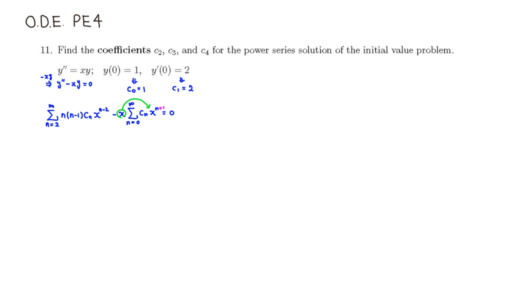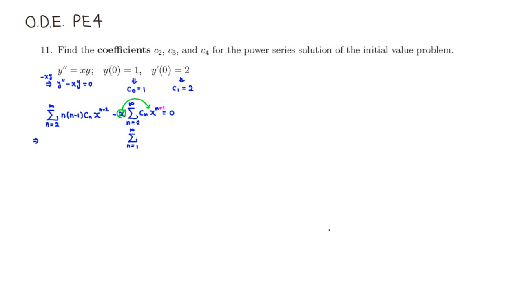Here's what we're going to do. I would like to have the nth power here and the nth power there. So I'm going to write this one as the summation starting from 1 to infinity.